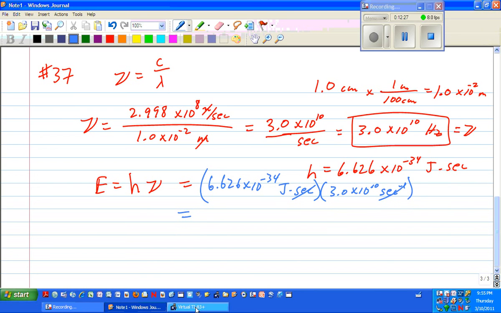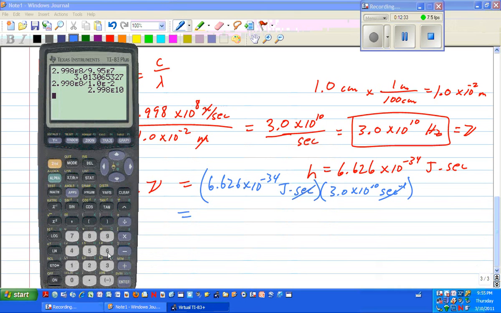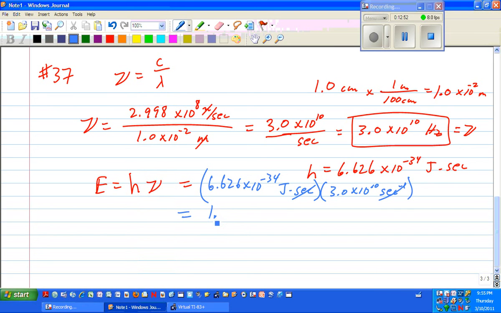Let's do this: 6.626 times 10 to the minus 34th times 3.0 times 10 to the 10th is going to be 1.98, or 2.0 according to sig figs, times 10 to the negative 24th joules.